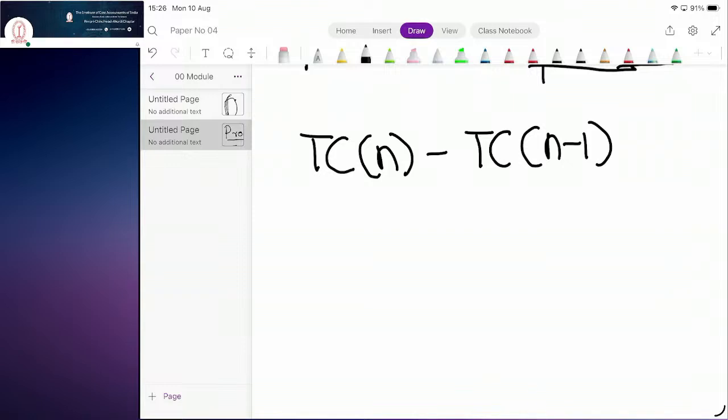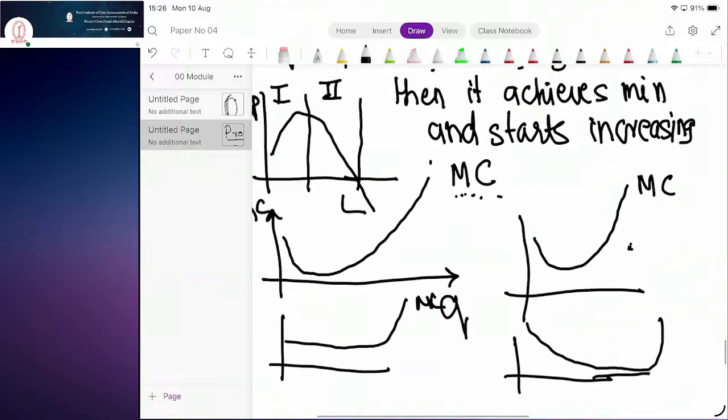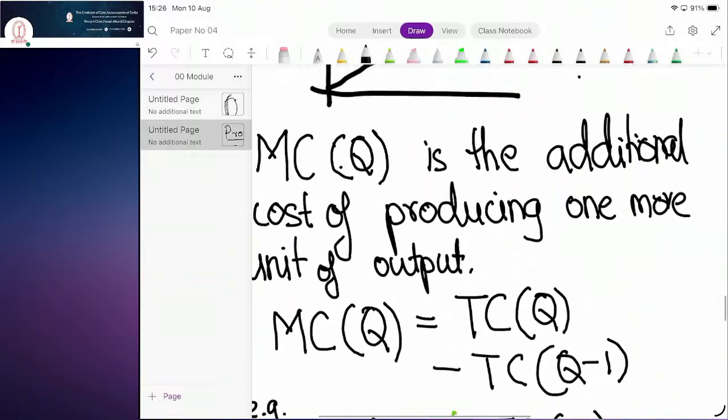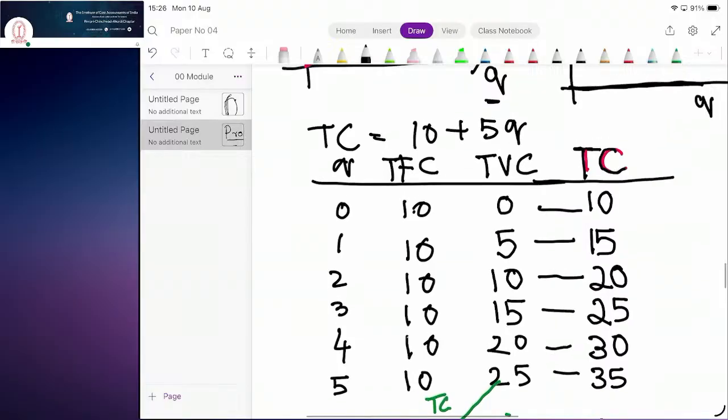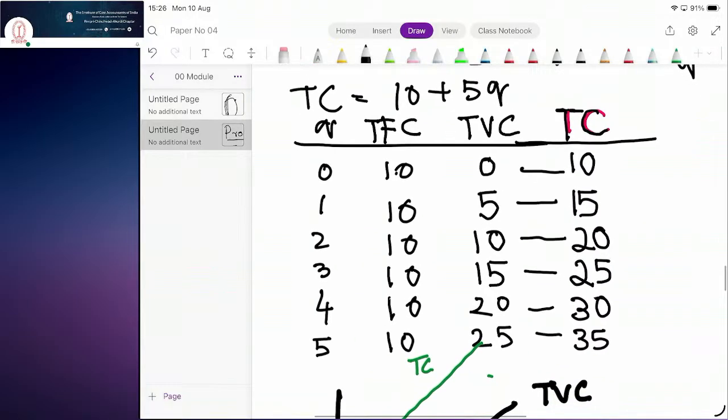Marginal cost in the table, yes, you can do that. For example, even in this example that we had, Q is 0, 1, 2, 3, 4, 5. If I add a marginal cost column on the right hand side, for the 0th unit I cannot calculate marginal cost, so dash.